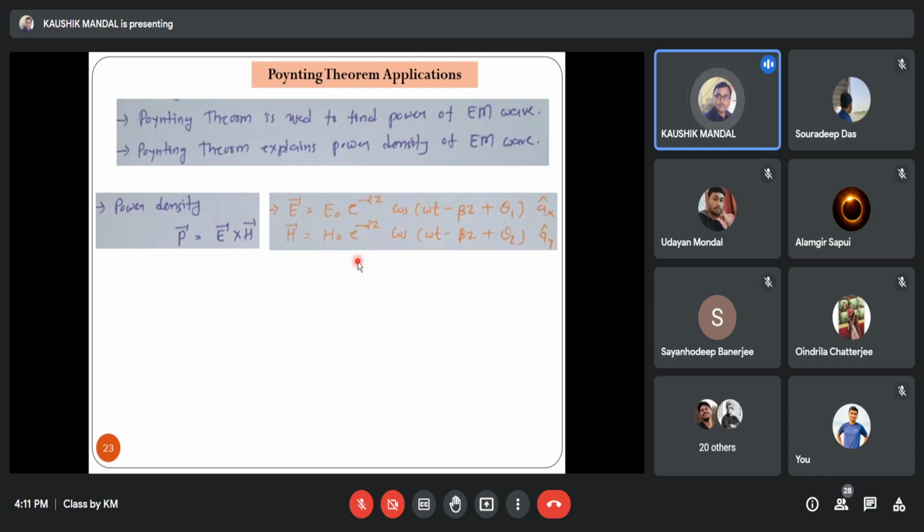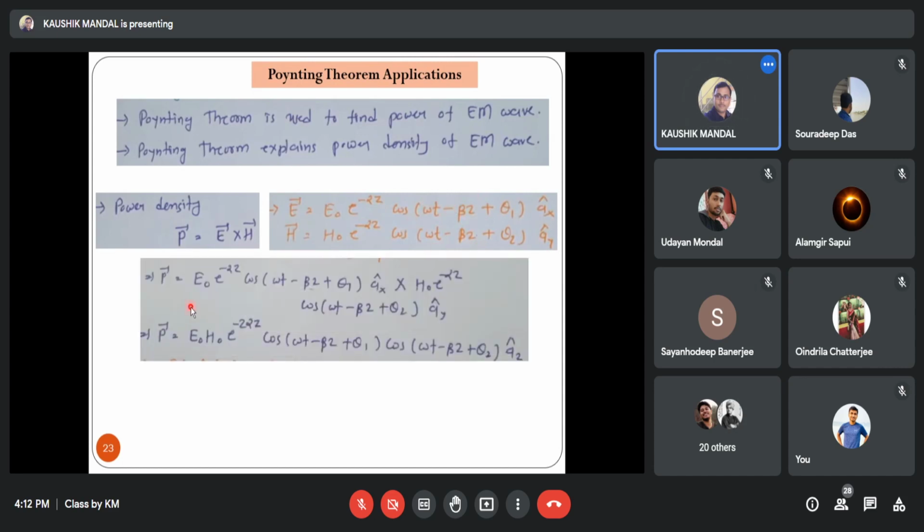Now, as we are already familiar with the equations of electric field and magnetic field in a particular medium, that is E equal to E0 e to the power minus alpha z cos of omega t minus beta z plus some angle theta 1, along the x-axis ax, and H equal to H0 e to the power minus alpha z cos of omega t minus beta z plus theta 2 into ay. Using these basic equations, we can find out the equation of P. So what will be the P?